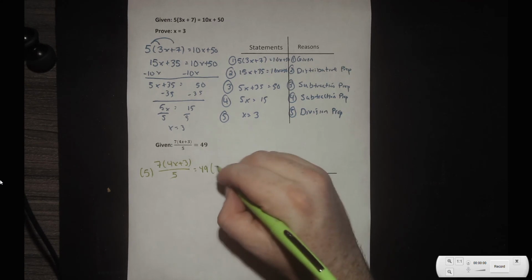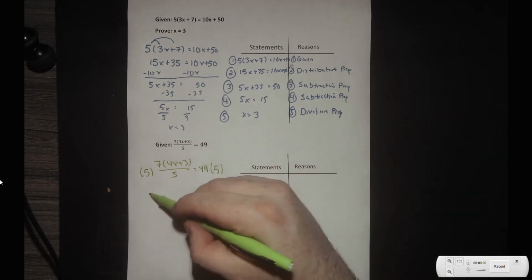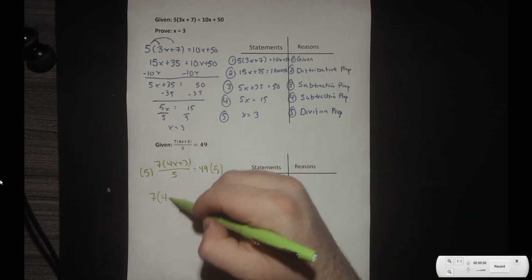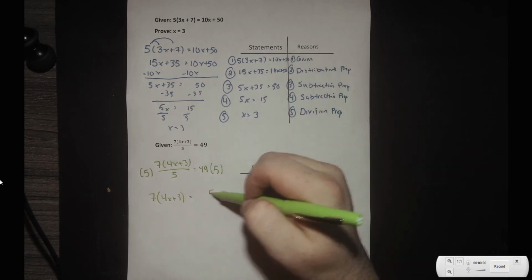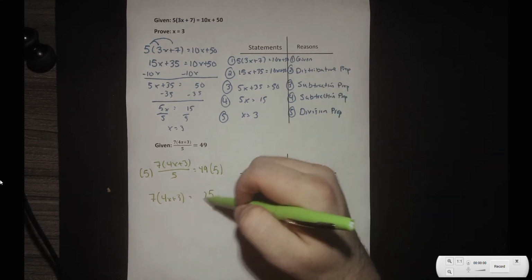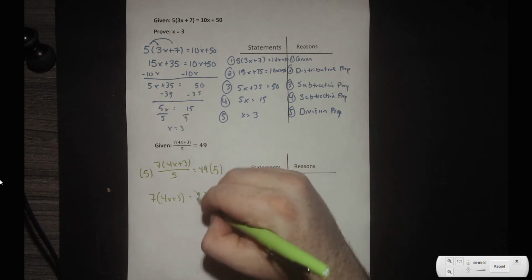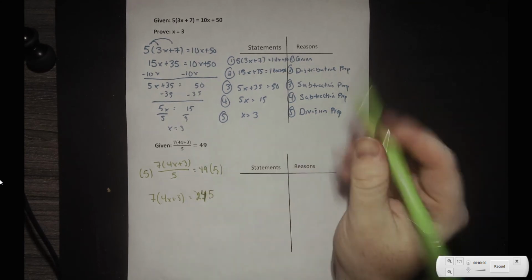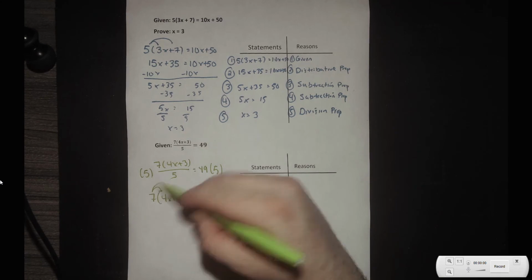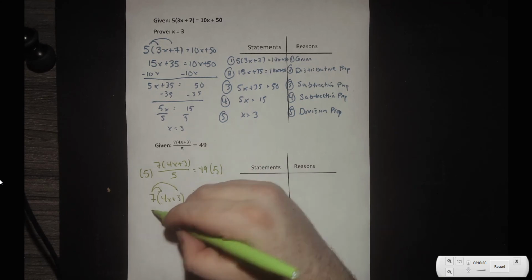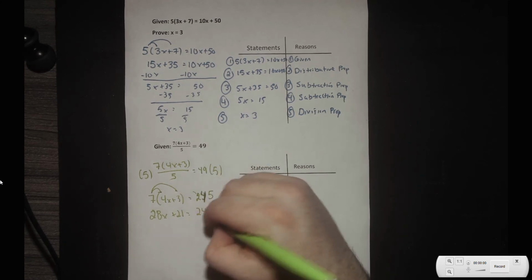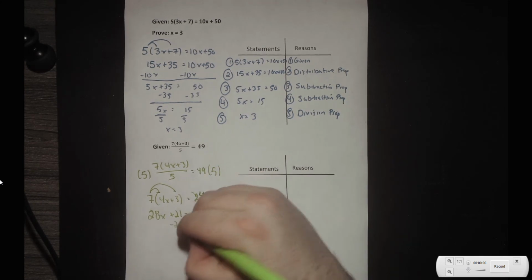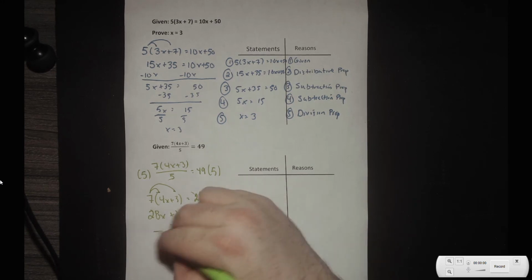Start by multiplying by 5, which, let's see, 45, 245. Oops, did that backwards. 245. Then I can distribute. Then I can subtract.